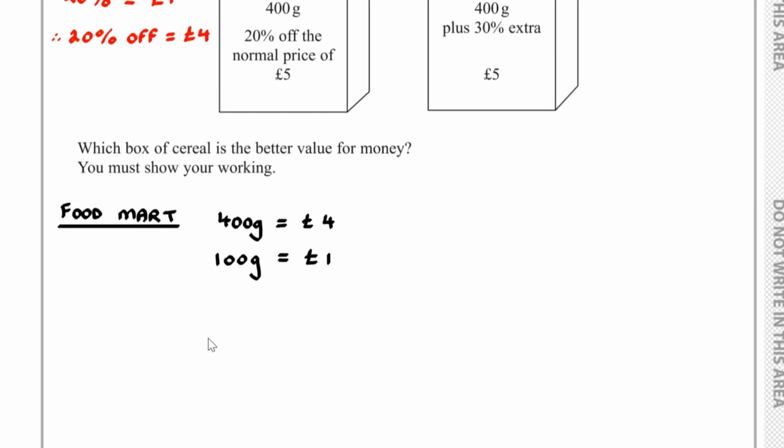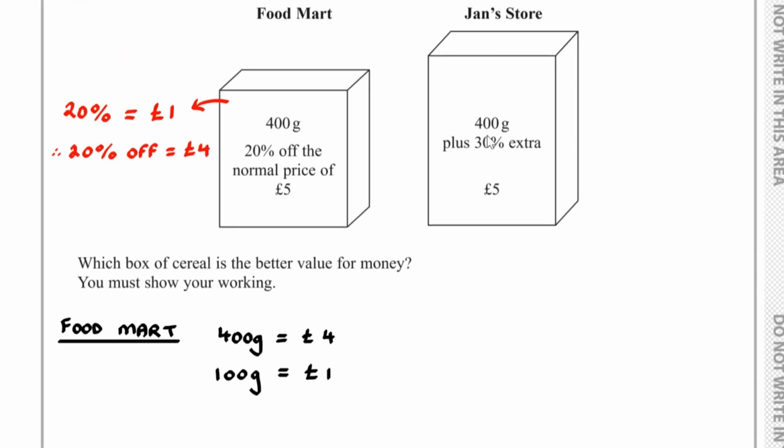Now, we are told with John's store we get 400 grams plus 30% extra. Well, if I work out what 10% is, 10% is equal to 40, and so therefore 30% is equal to 120.